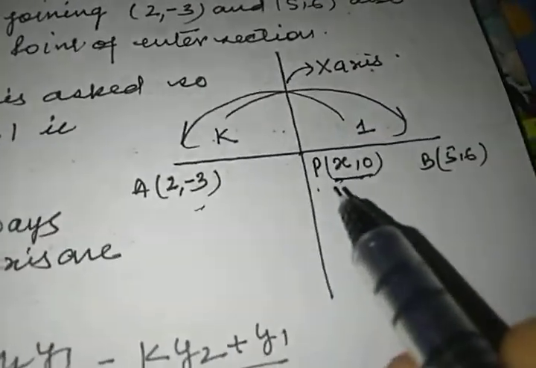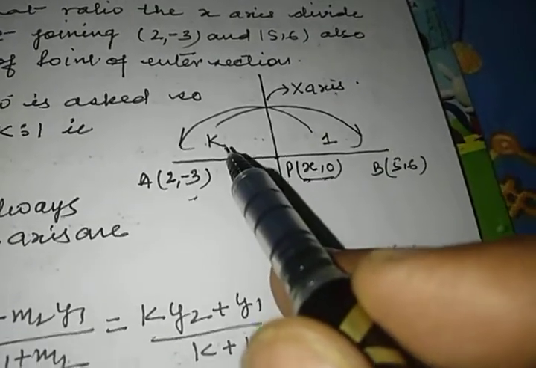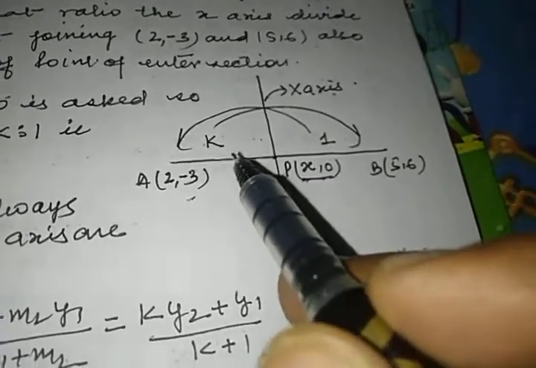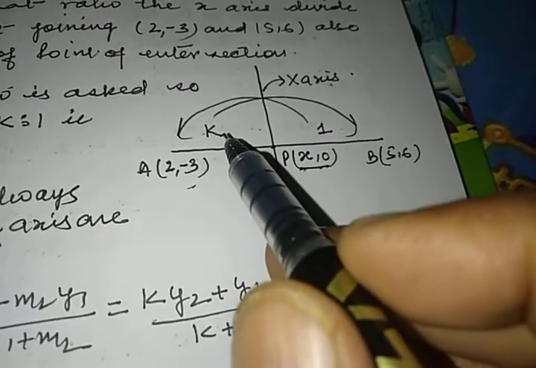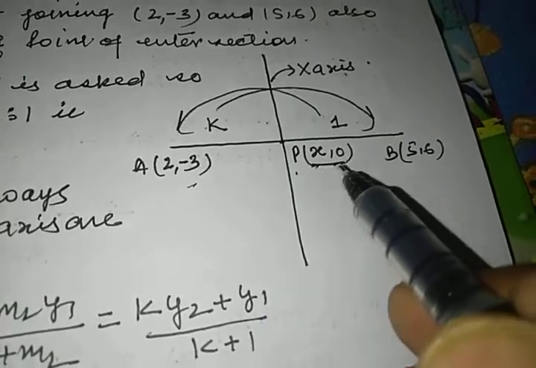Now, just go the normal way. So what we get, and see, two things are there. If the question has two parts, either he is asking for the ratio, or he asks for the ratio and the point of intersection also.